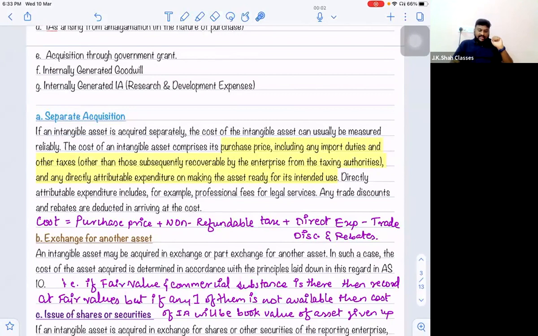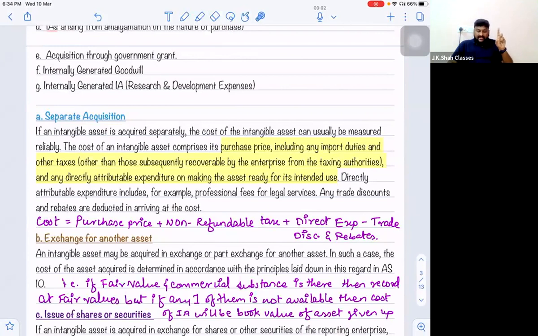Now what it says, if an intangible asset is acquired separately, the cost of the intangible asset can usually be measured reliably.